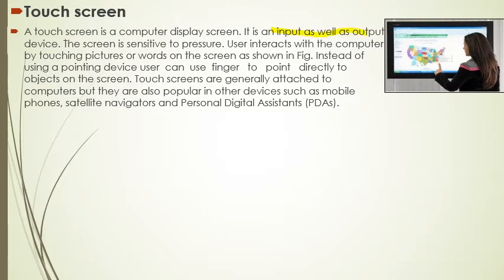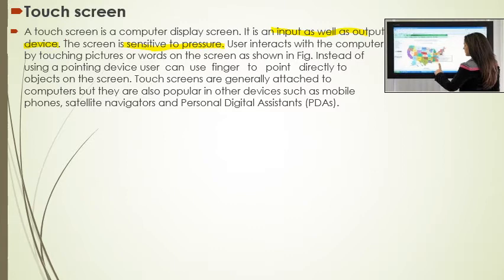We utilize it for displaying things as well as for input through touch. The screen is sensitive to pressure, meaning how much you press. If the sensitivity is high, the pressure needed will be less.